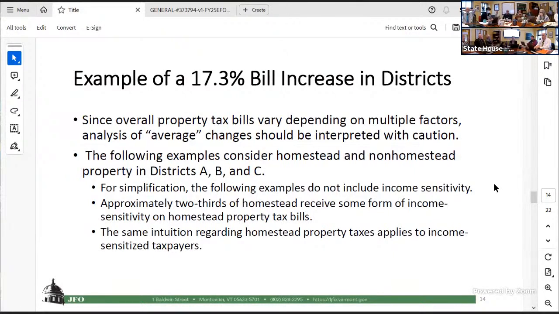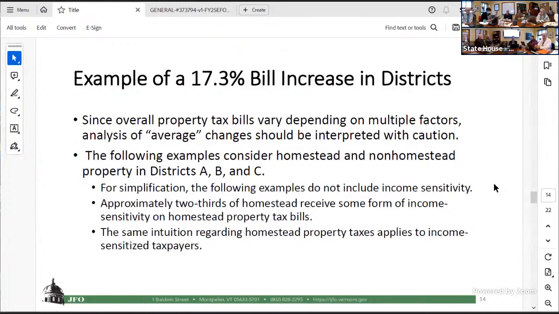Again, caveats. We're talking about examples. And as the committee is well aware, overall property tax bills vary depending on multiple factors. The analysis of average changes really needs to be interpreted with caution, because we're talking about averages and not specific instances.